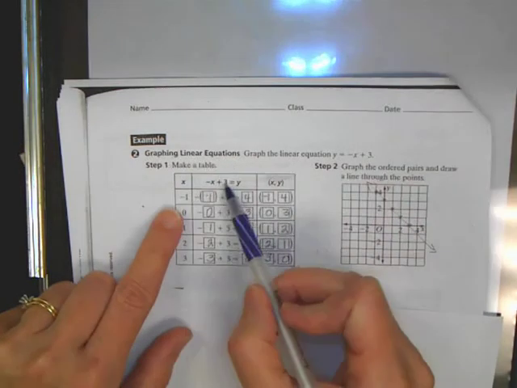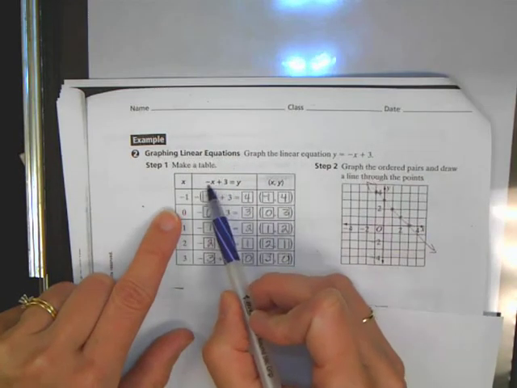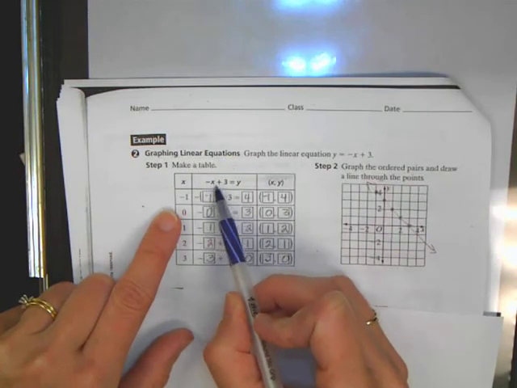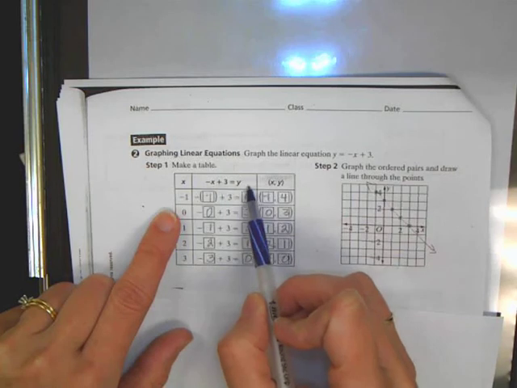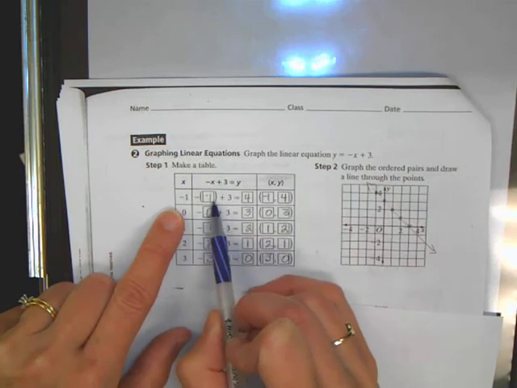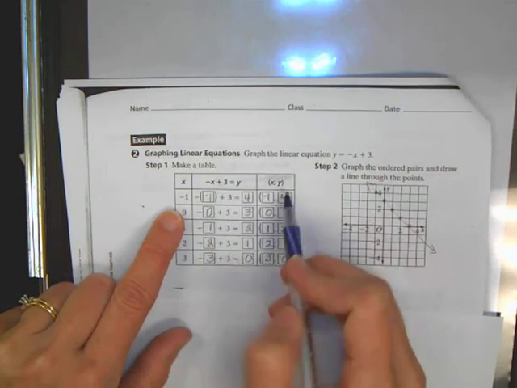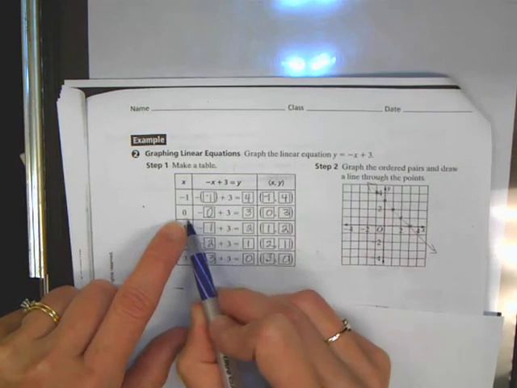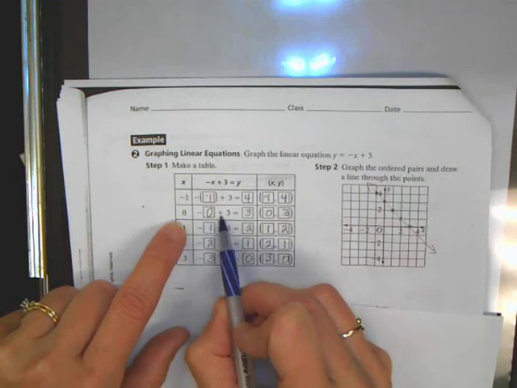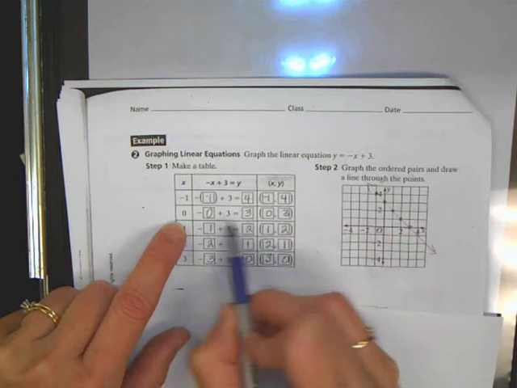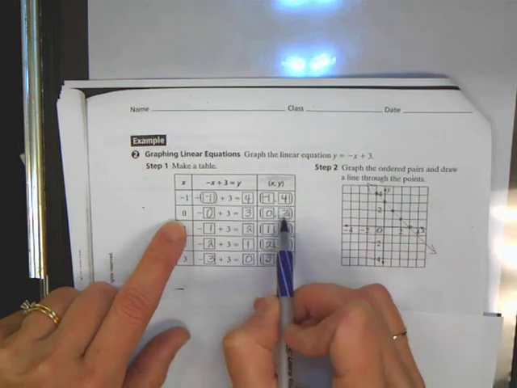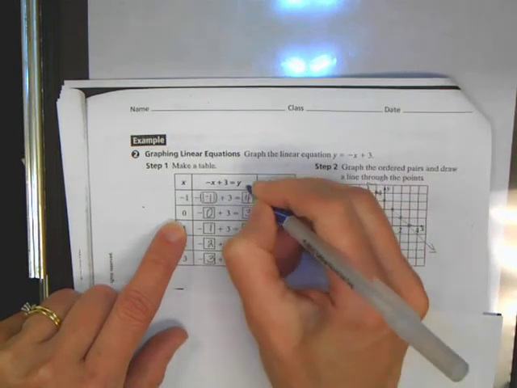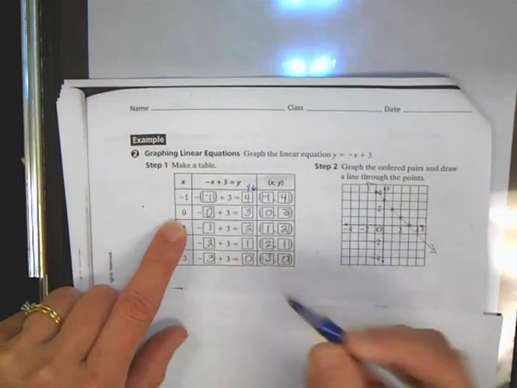So when x is negative 1, the equation is the opposite of x plus 3 equals y. So when x is negative 1, y is 4. So my ordered pair is negative 1, 4. When x is 0, 0 plus 3 is 3. So my ordered pair is 0 for the x value, 3 for the y value, because remember, these are my y values going down here.